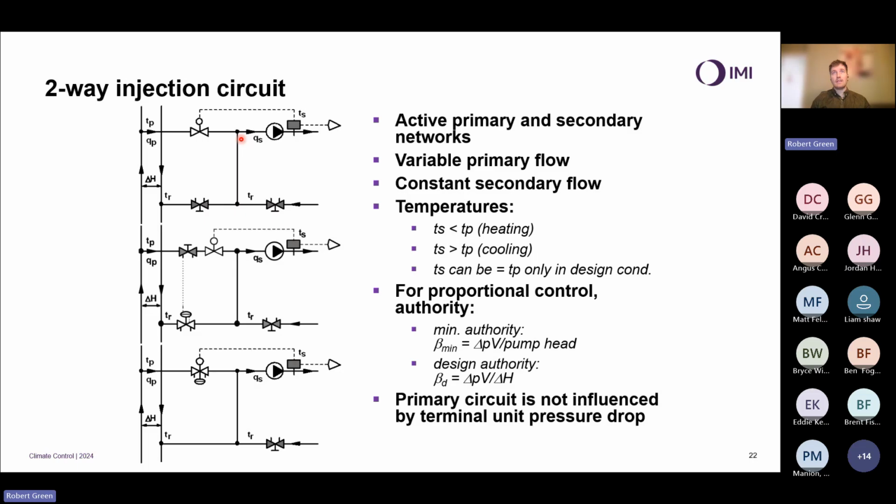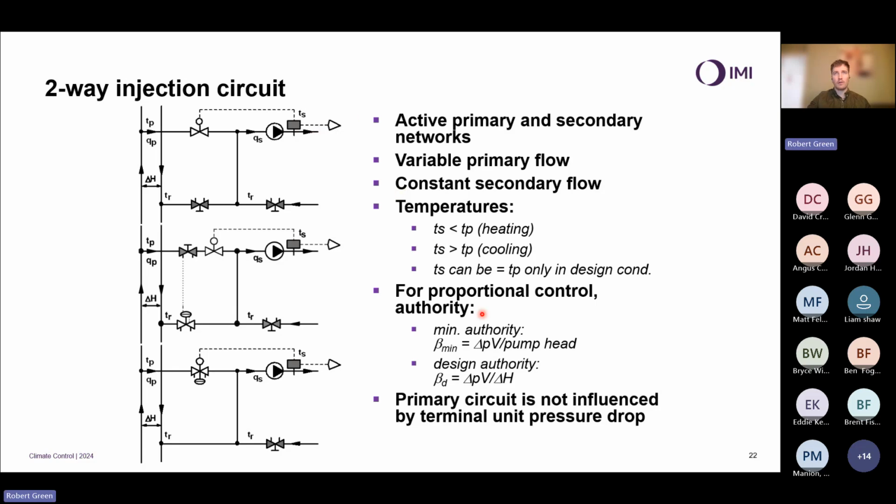And the secondary temperature can only be equal to the primary temperature at design conditions. So i.e. when we have matched flow primary and secondary side, we would have no flow in the bypass. So my primary temperature would be the same as my secondary temperature at design conditions.